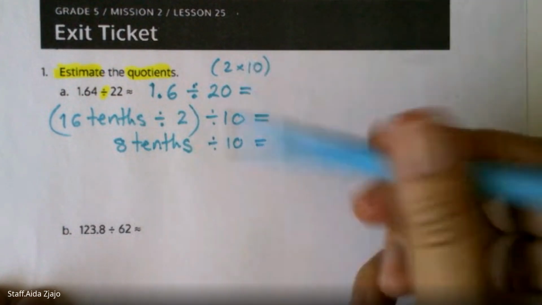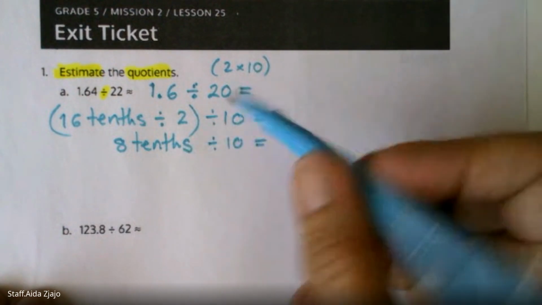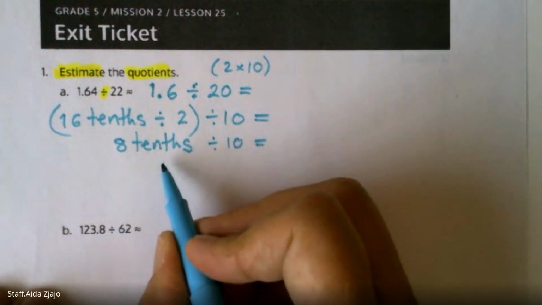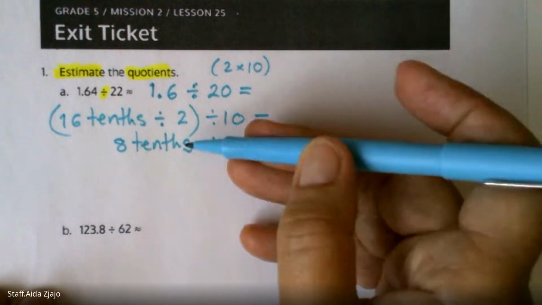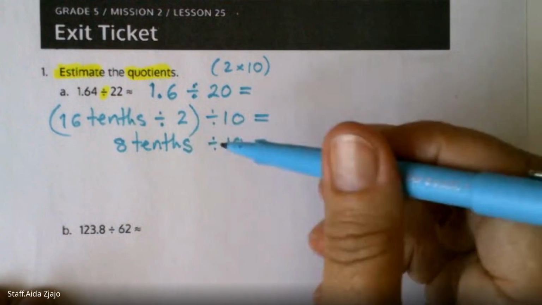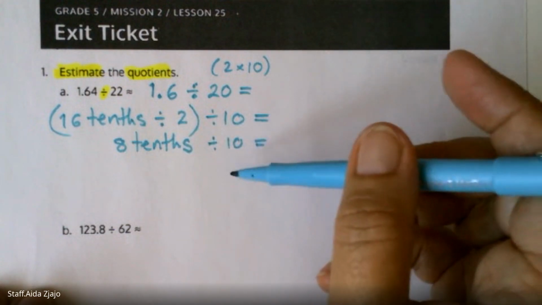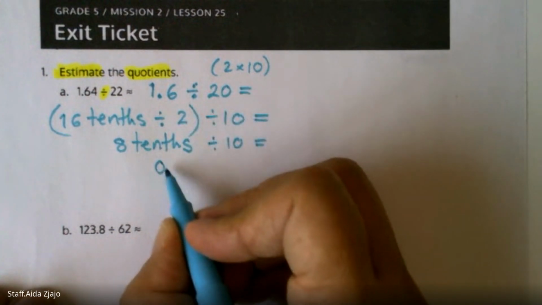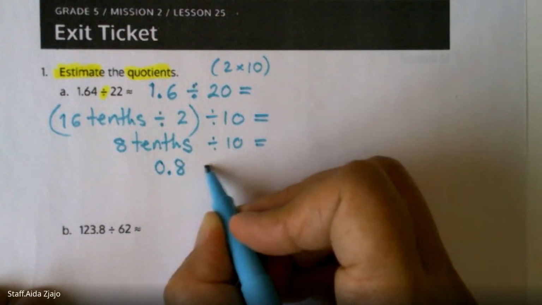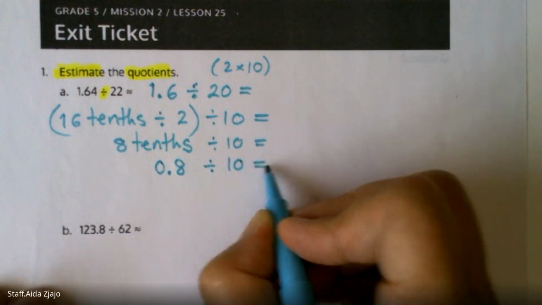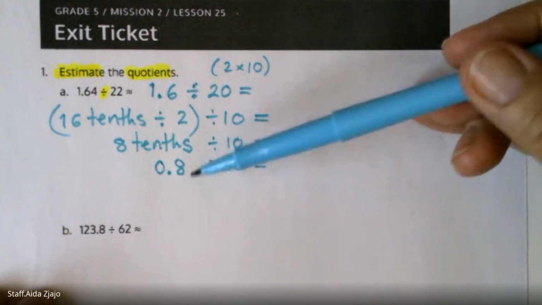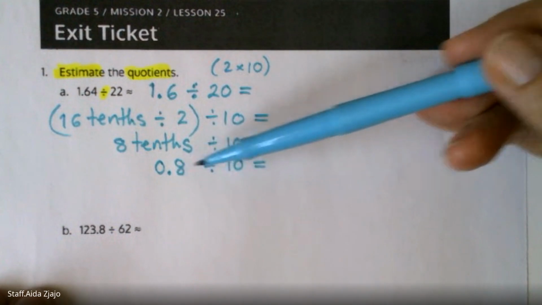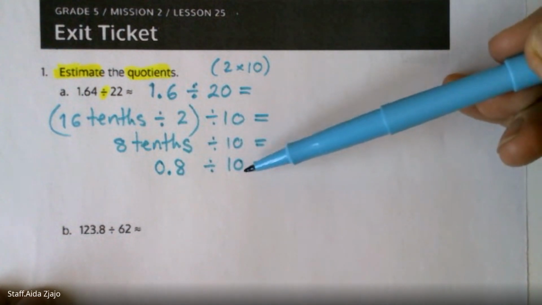Okay, so if you have 8 tenths, you can think of it being 80 pennies divided into 10. So each will get 8 pennies. Or if you change this into 0 and 8 tenths divided into 10, you can think, oh, this is the tenths position. The 8 tenths are going to get 10 times smaller.